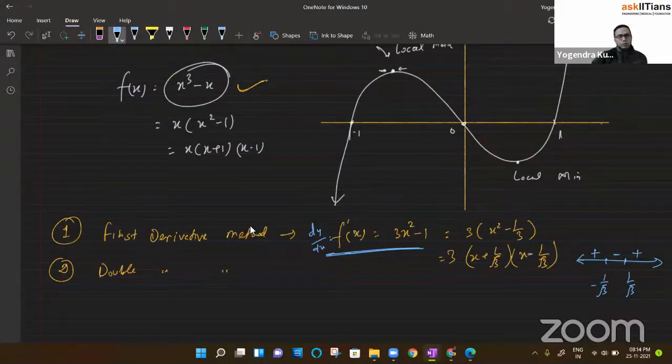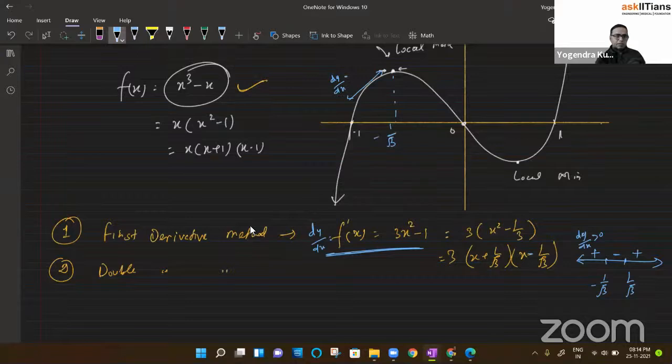So what we are saying is that the derivative dy by dx is greater than 0 before minus 1 by root 3. The derivative is positive, which means the graph was increasing. Are you getting it, everyone?